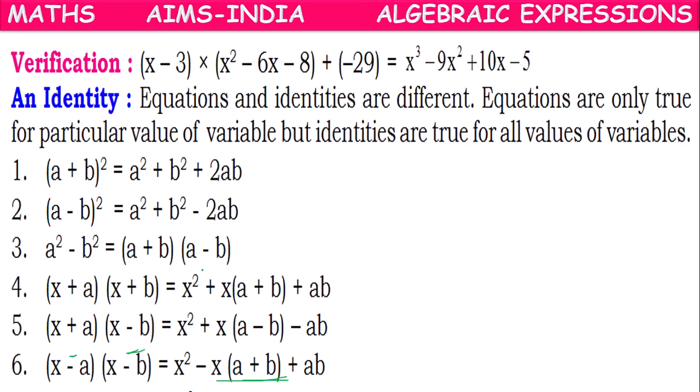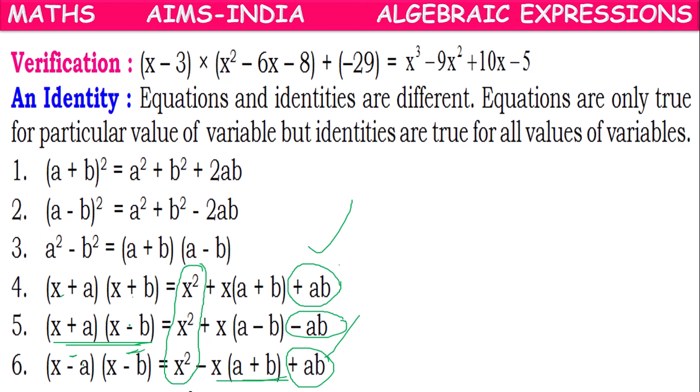You can observe here, children. Here the x square term is same, plus ab is same, but in the middle, when both are plus, the last term is plus; when both are minus, the last term is plus. Only when one term is minus, the last term will be minus.